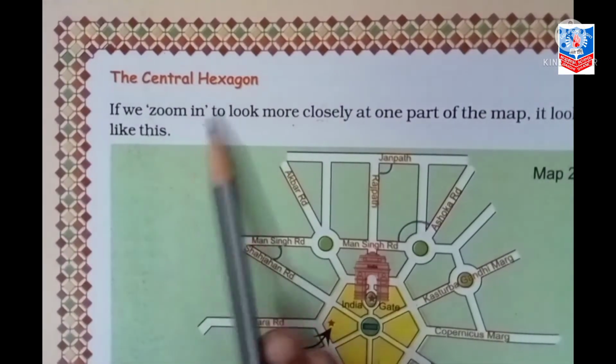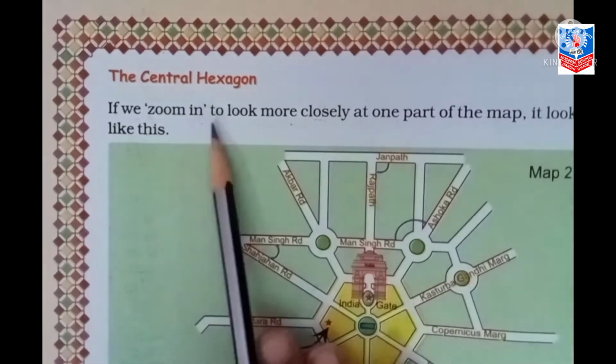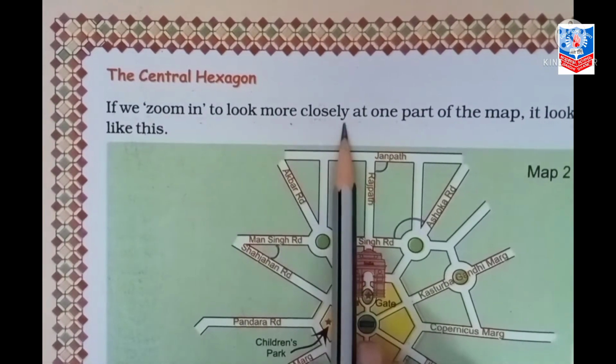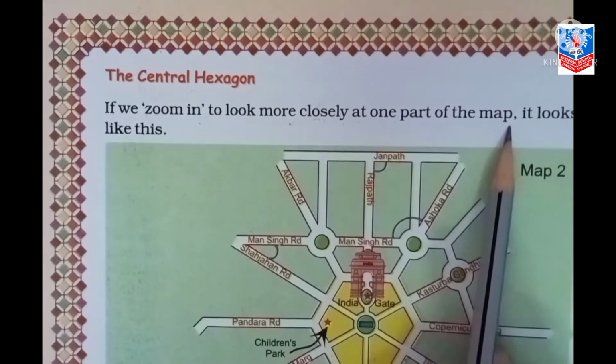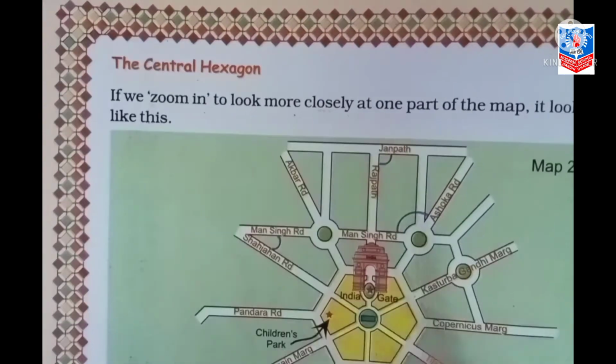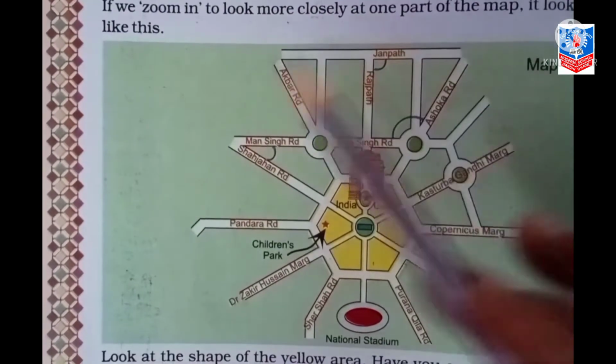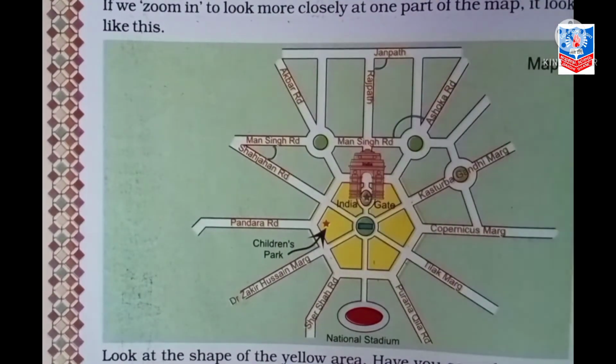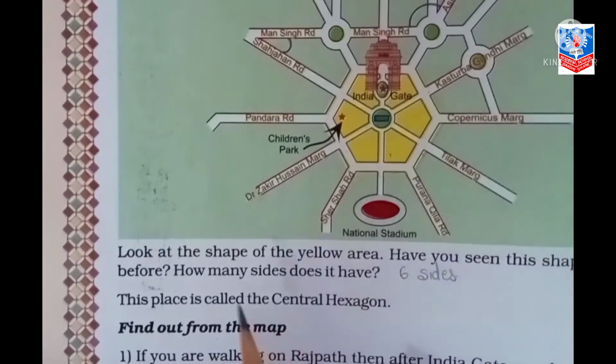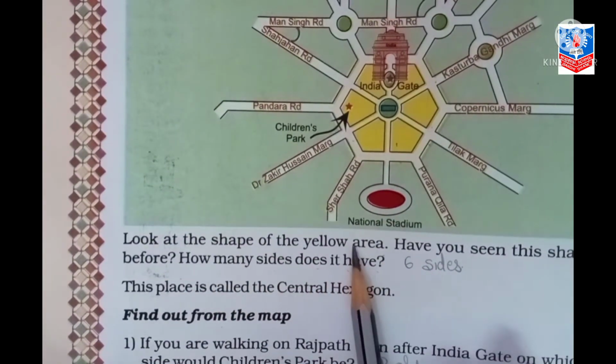The central hexagon. If we zoom in to look more closely at one part of the map, it looks like this. Now see, this is map number 2. When we zoom this map, it looks clearly like this. Now see, look at the shape of the yellow area.